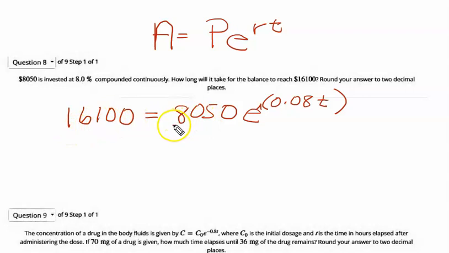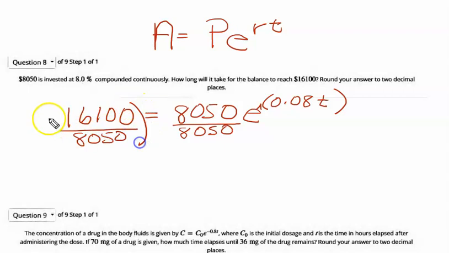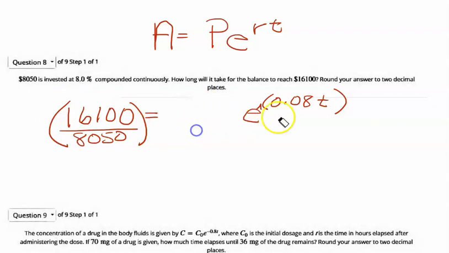So first step, divide both sides by this. And now this is gone, so I can erase it.